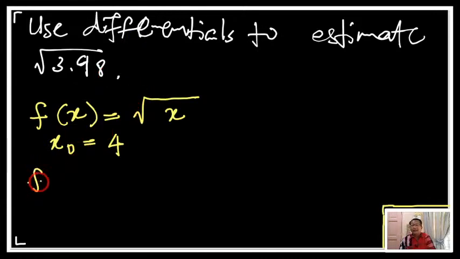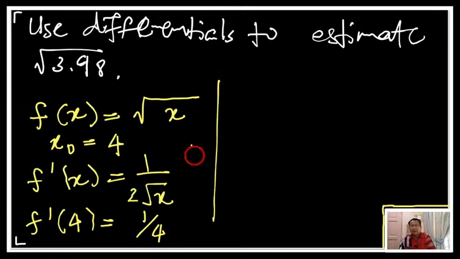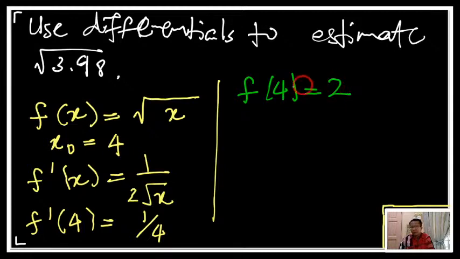Okay, and then you find the derivative, 1 over 2 square root of x. f prime of 4, you get 1 over 4. Next, f(4) is 2.